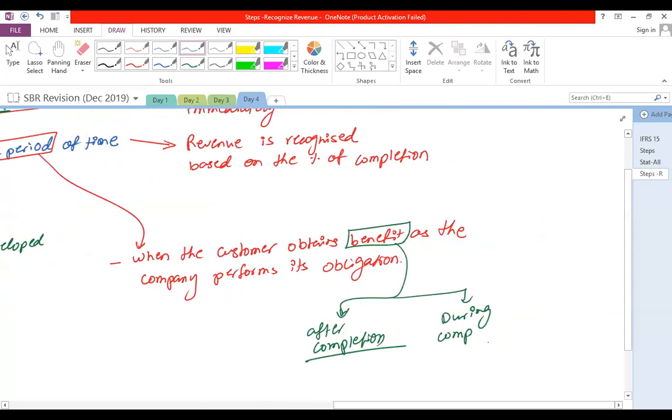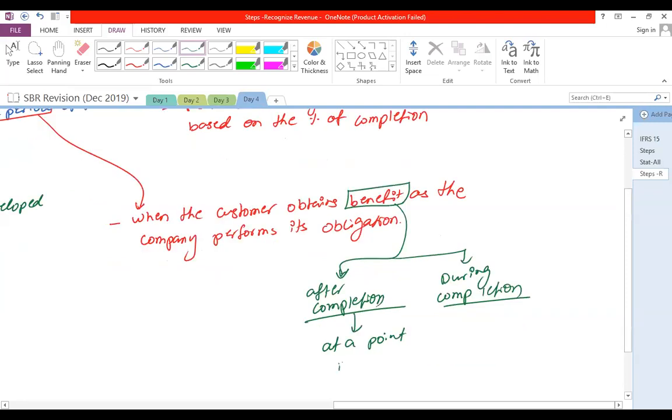If the benefit is after completion, then it's at a point in time. And if it's during completion, we call this over a period of time.